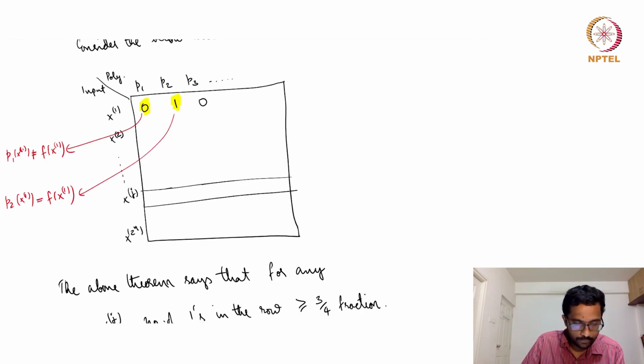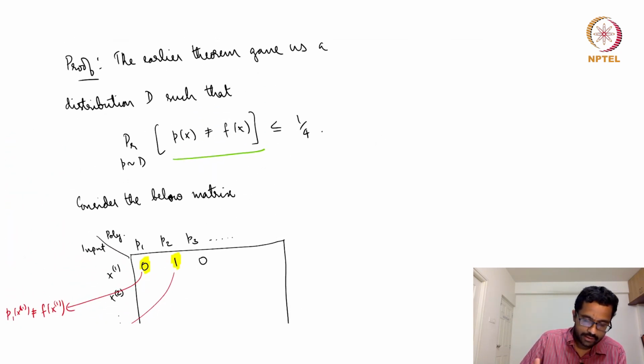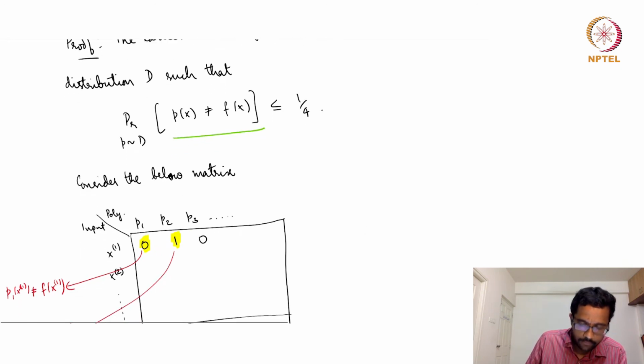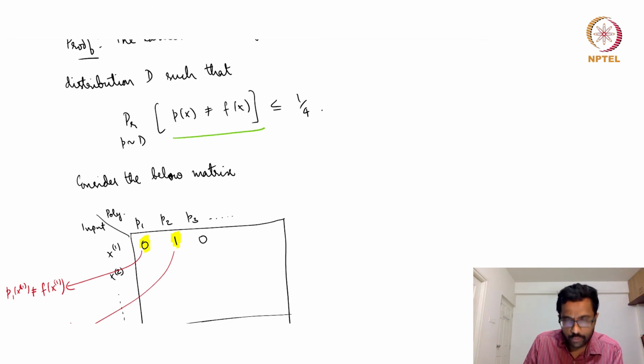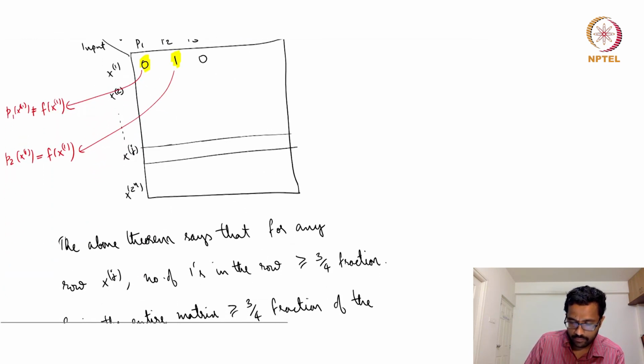What did the theorem say? This theorem says that for any input, let's fix an input x1, the polynomial is chosen from the distribution, so from the columns, the probability that the polynomial chosen from the distribution gives an error is at most 1/4, or it agrees with probability at least 3/4.